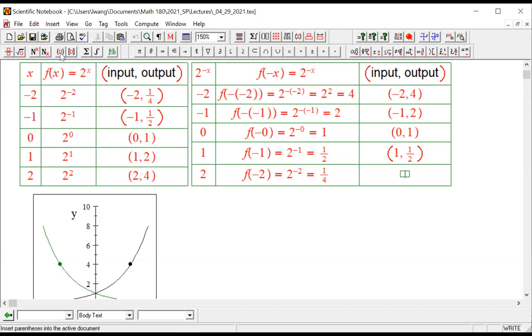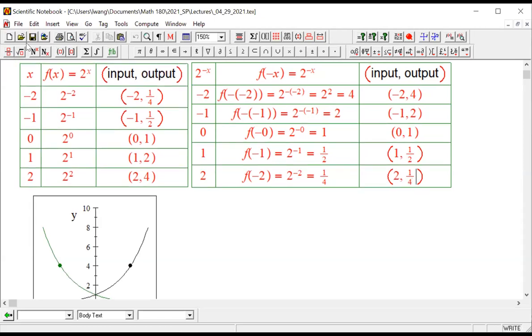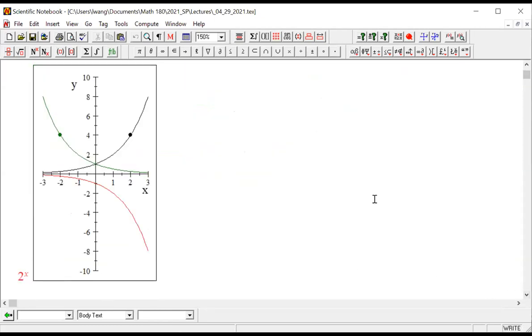So this time it's 2, quarter. You compare these points, what do we see? That's what we saw, right? We saw that reflection. So can you graph a few more points, just to experience that?